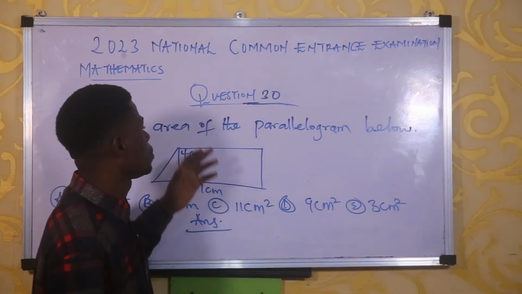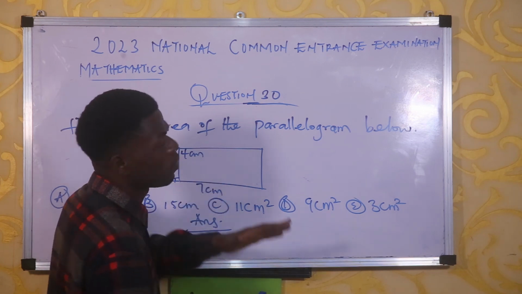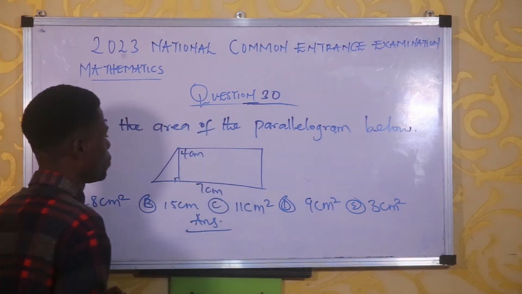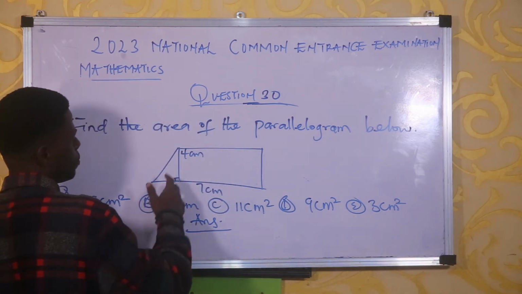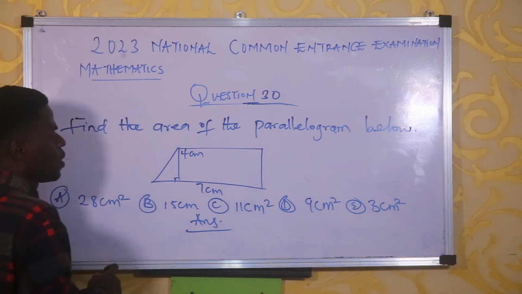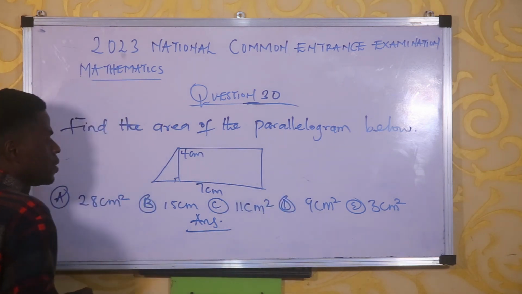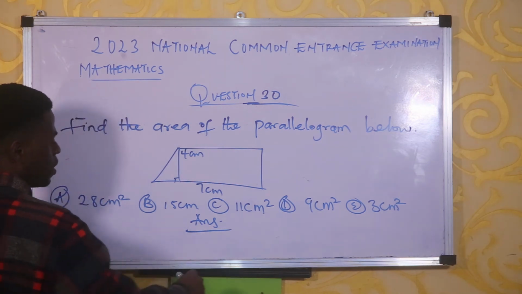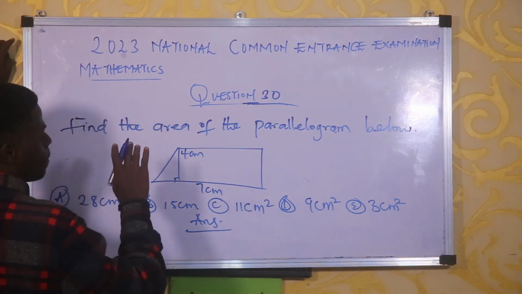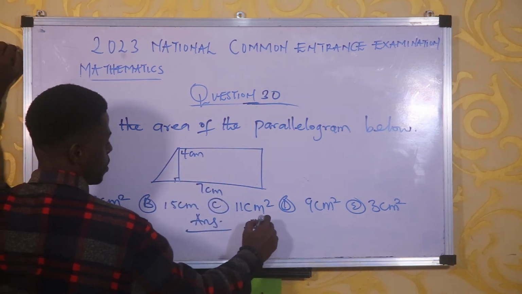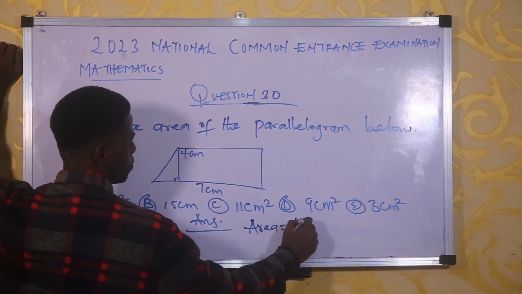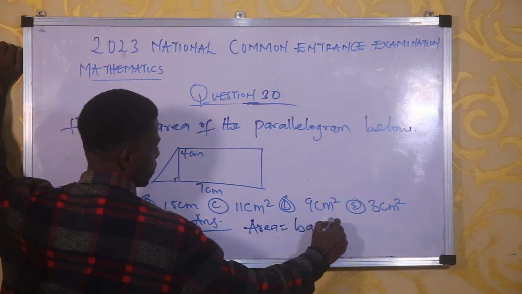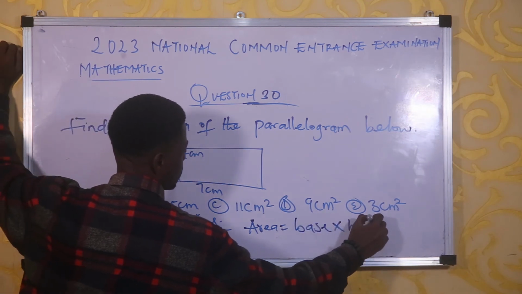Question 30 says find the area of the parallelogram below. The height is 4 centimeters, while the base is 7 centimeters. So in this case, we are going to multiply. Our area of a parallelogram is base times height.